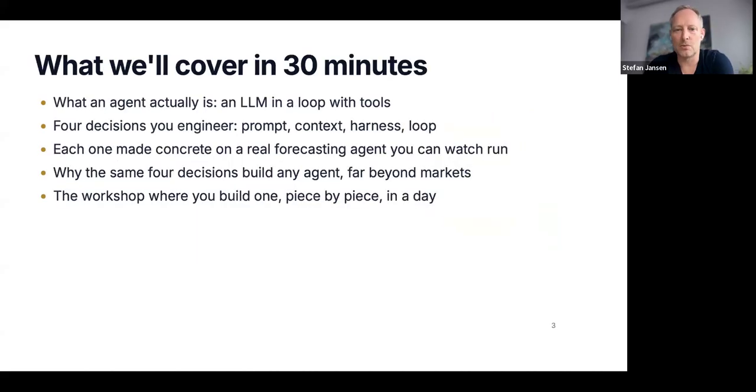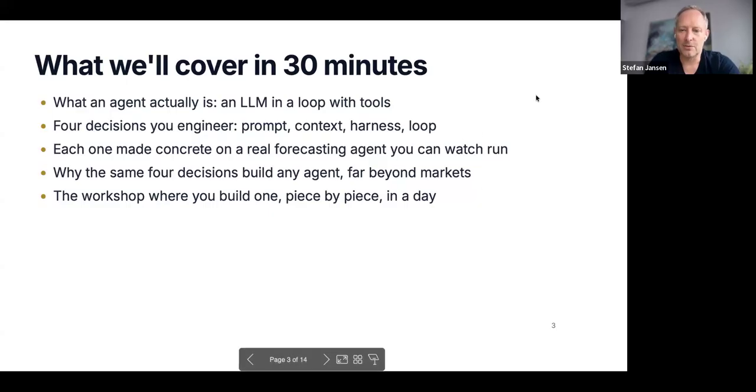So we will introduce what an agent actually is, how it works as an LLM in a loop that can call tools and do other things, and what the key decisions for you as an engineer really are. And you probably have followed the discussion that has emphasized that we engineer prompts and context and a harness and more recently loops or maybe even graphs.